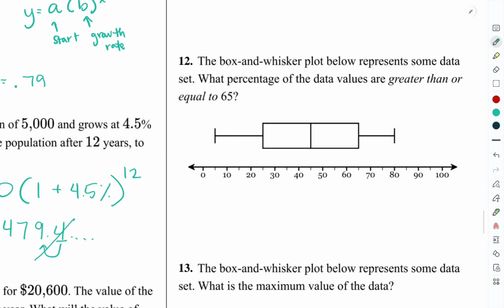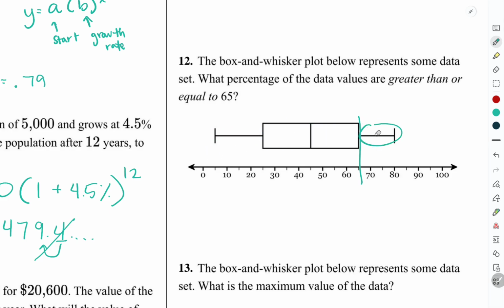All right, home stretch. The box and whisker plot below represents some data set. What percentage of the data are greater than or equal to 65? It's like 65's right there. We know that in a box plot, every piece of the box plot is 25%.